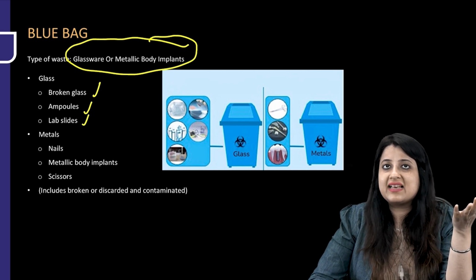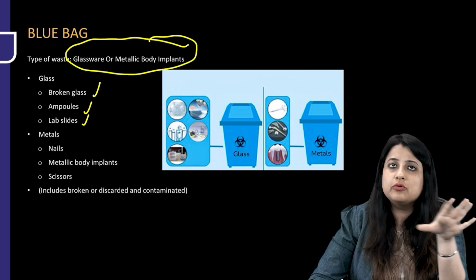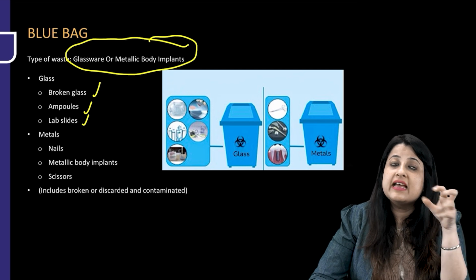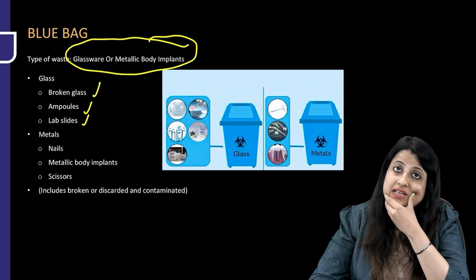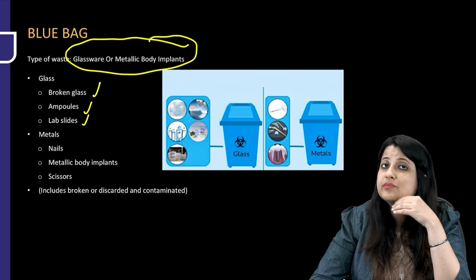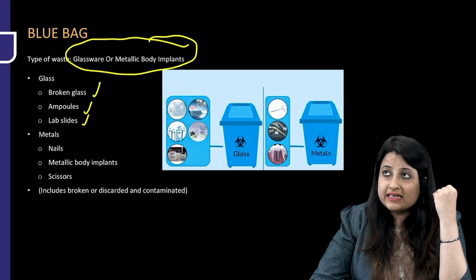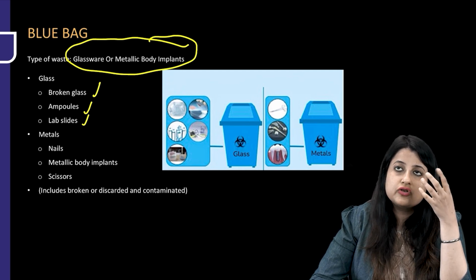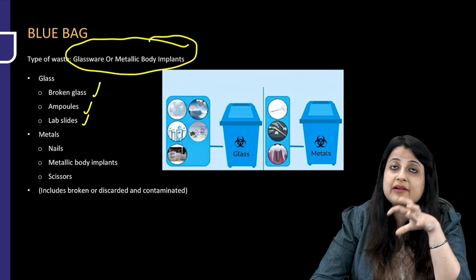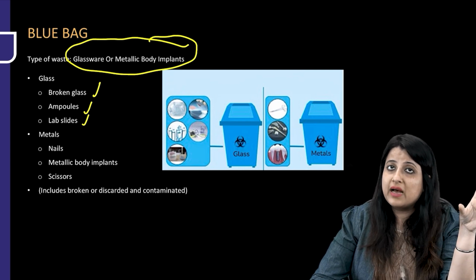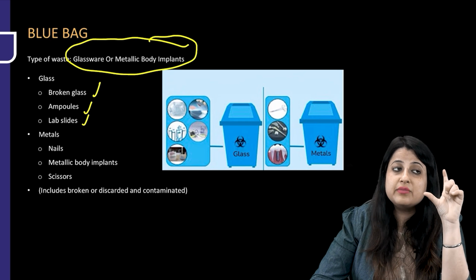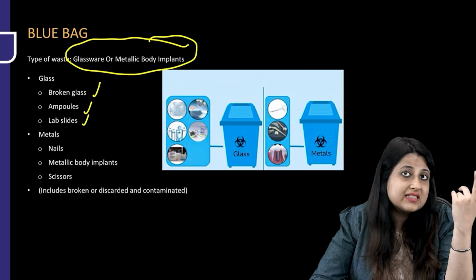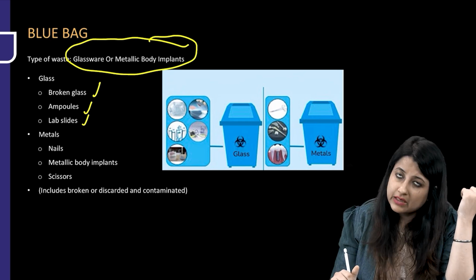Like if I ask you, vaccine vial will go into blue color bag. Nothing is mentioned. If I ask you a vaccine vial which still has vaccine left in it, or it has been expired, or it did not follow the cold chain conditions, so it has been discarded, that becomes a microbiology waste because it still contains vaccine. But if it's an empty vaccine vial, it's a glassware, so it will go into a blue bag.